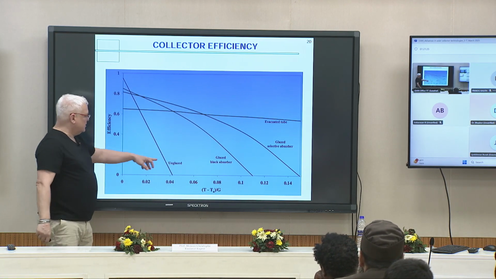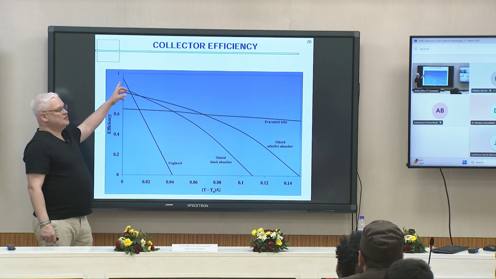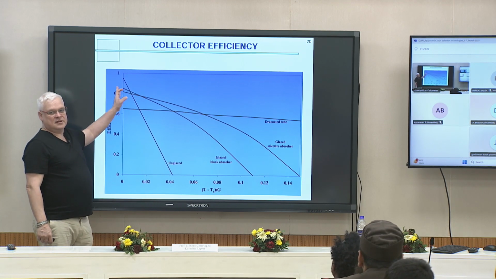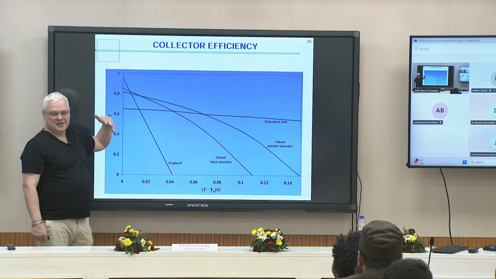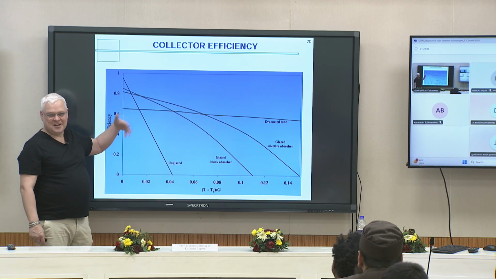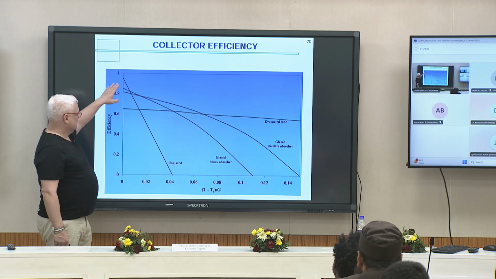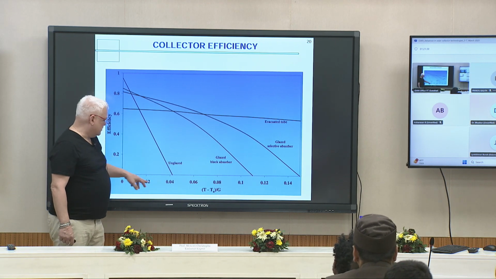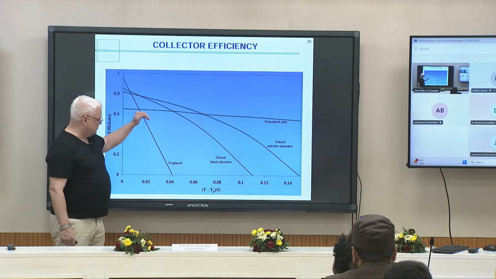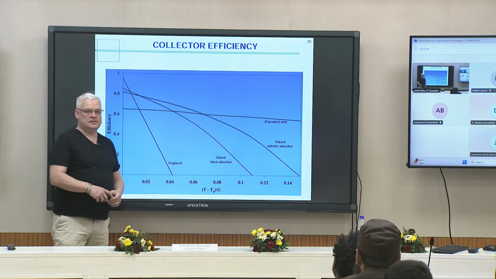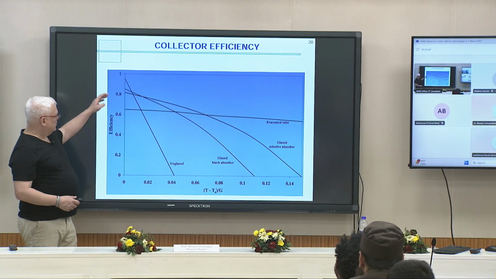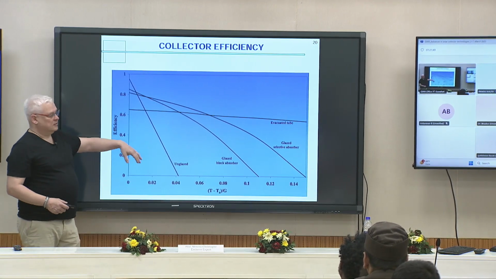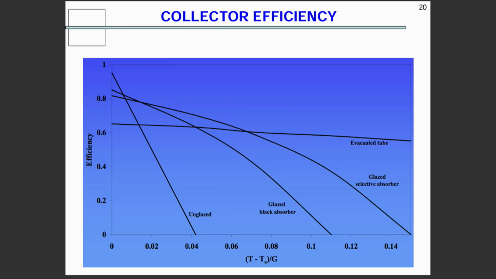Okay, unglazed, there is almost no optical loss because there is no glass. If no glass, no problem, there's no reflection on the glass, but you can see that the efficiency decreases very fast. So it's good for not high temperatures.